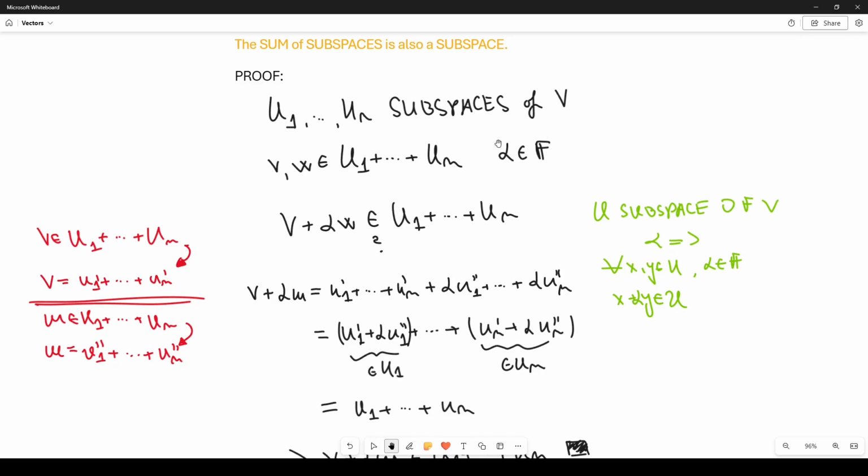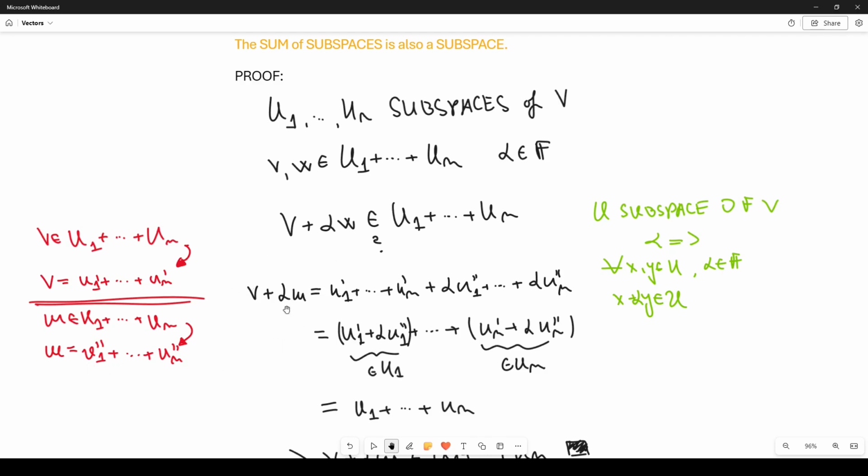So we pick some alpha, an arbitrary scalar from the field F. We form the sum, and now we ask ourselves, does this belong to the sum? Since v belongs to the sum, that means it can be expressed in this way as the sum of corresponding vectors, which I will denote this way. And the same goes for w. It can be expressed as this sum over here.